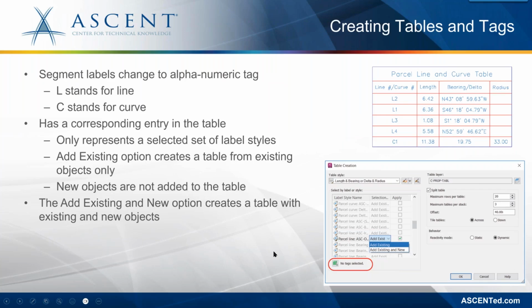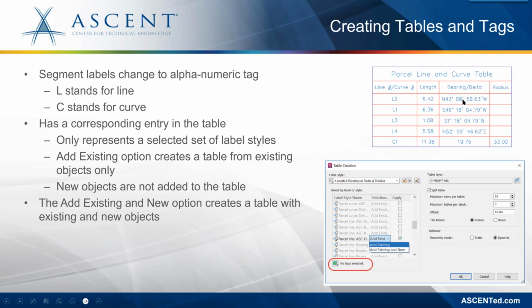And then when we create tables, we can either select individual components like lines and curves, and it will convert the label into a tag, and the L will stand for line and the C will stand for curve.